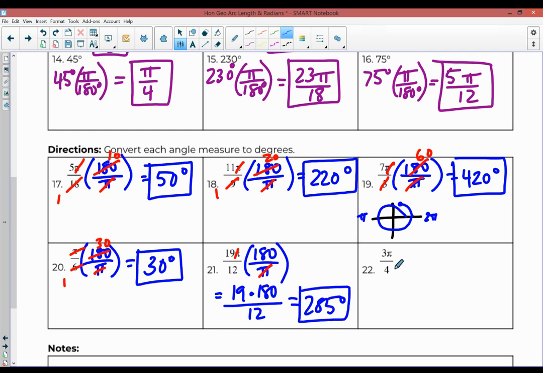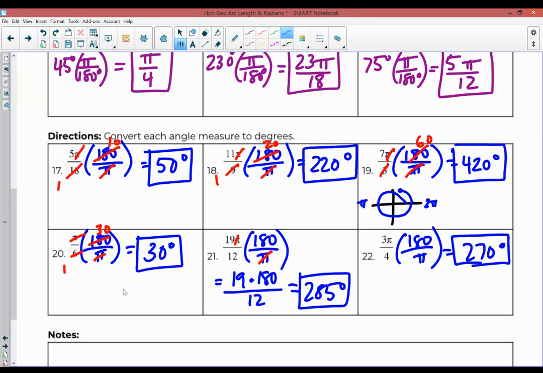And 3 pi over 4, 180 over pi. That's going to be 270 degrees. So when you're a math teacher, you have to memorize some of them.